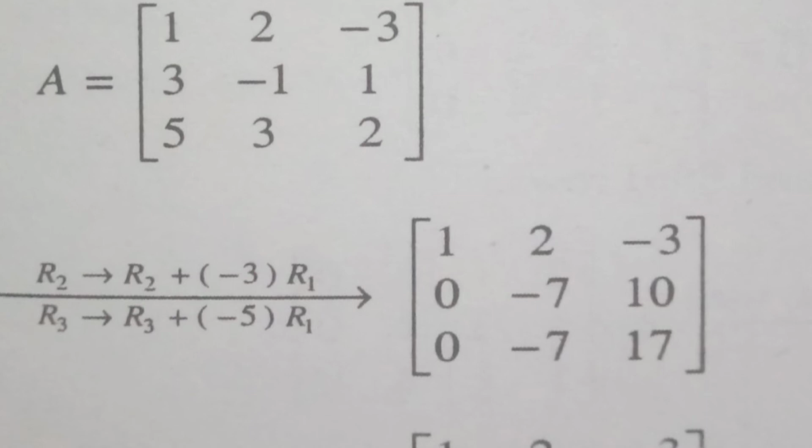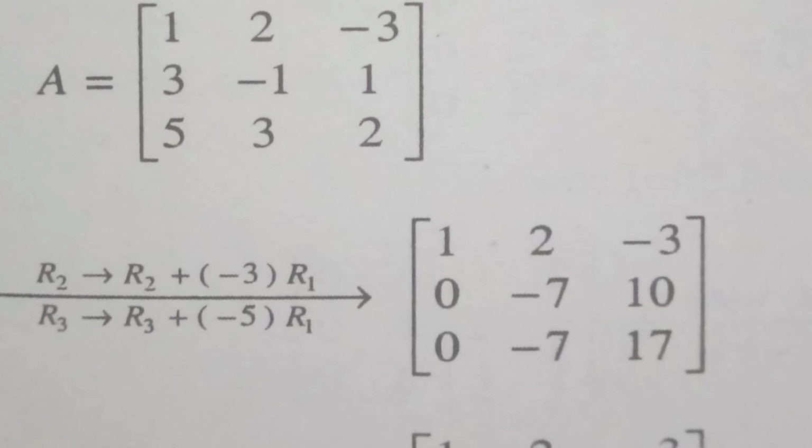The elements in the first column, A21 and A31, are changed to 0, retaining the first element A11. We don't bother about the remaining elements in the second row or the third row. We only concentrate on the elements of the first column of the second and third rows.